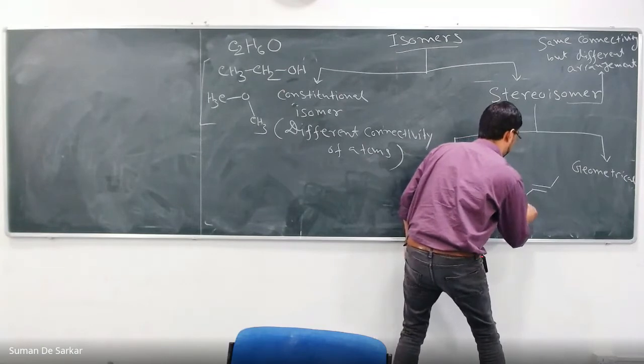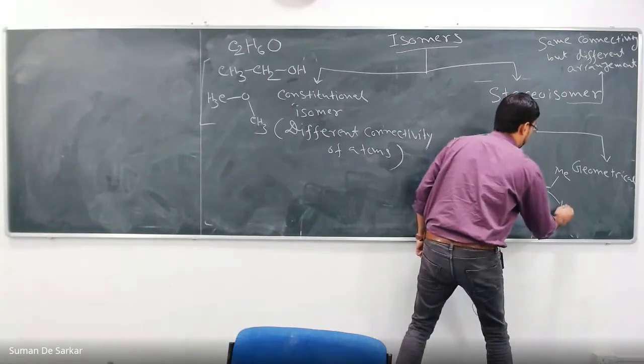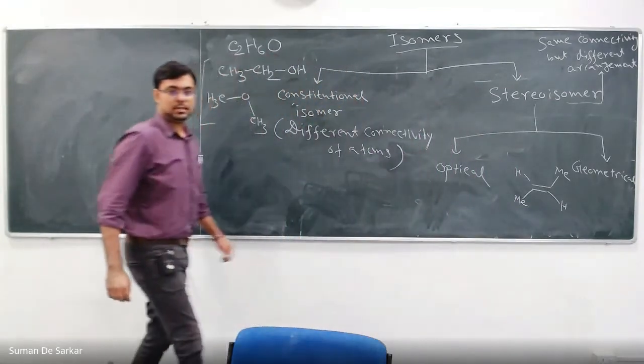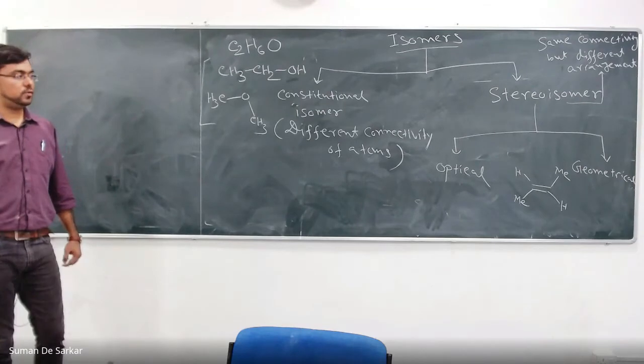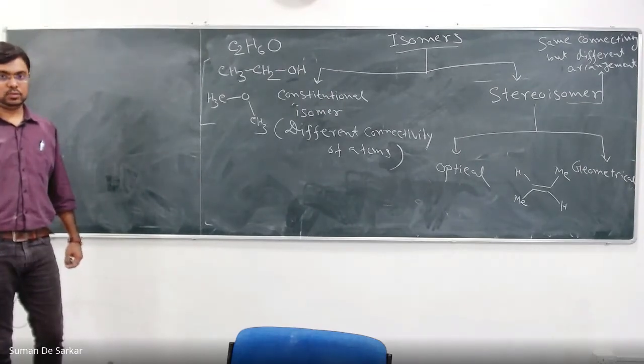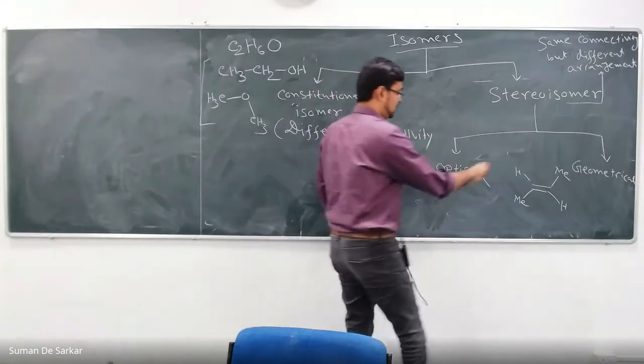This guy here, methyl, H, H, is nothing but trans-2-butene: 4 carbons, and in between one double bond. 2 methyl groups are at the terminals, but away from each other, in opposite directions. That's why it's trans.